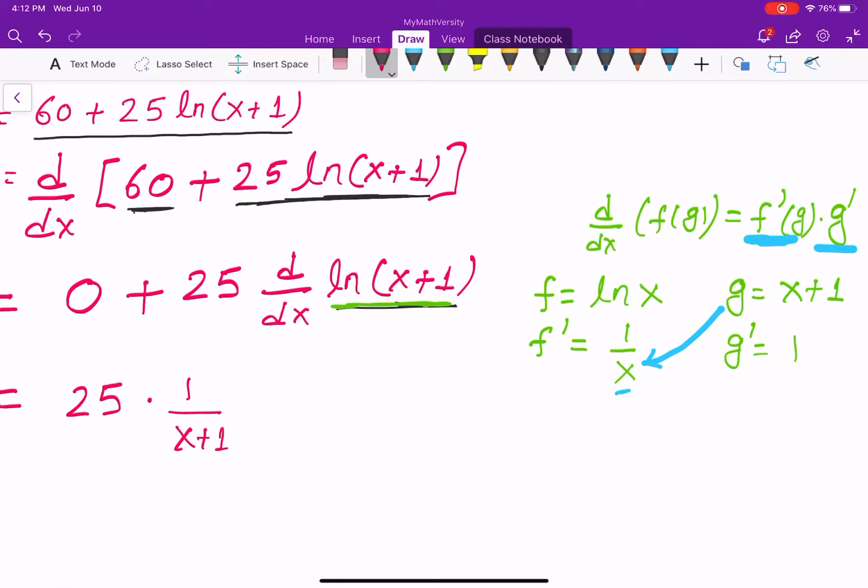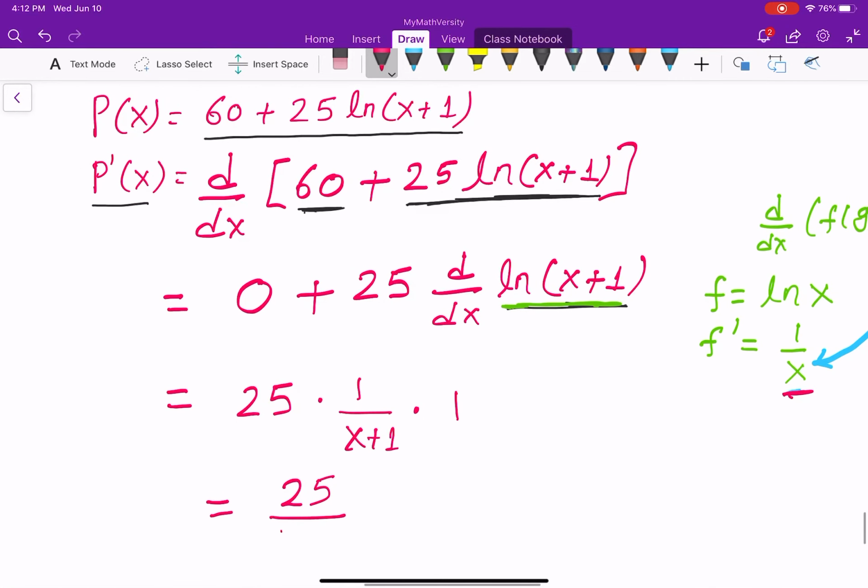So this will be f prime of g, where I evaluated f prime at x plus 1. Alright, so now we also have times g prime, and g prime is 1. So let's just multiply by that. When we do that, we get 25 over x plus 1 as the derivative of the given function.